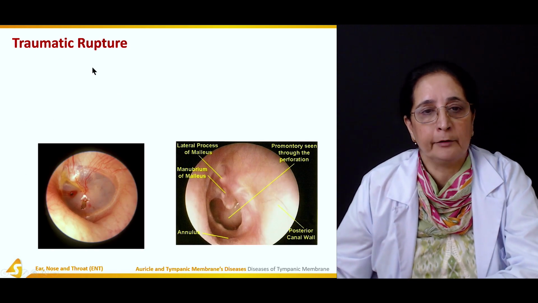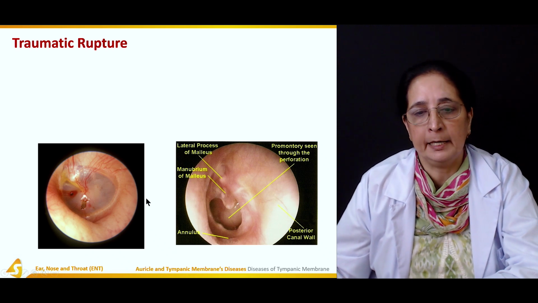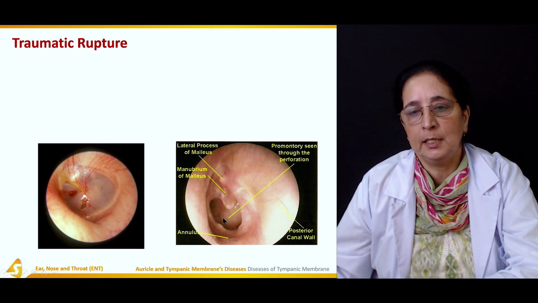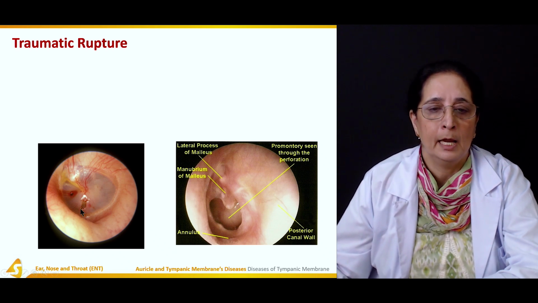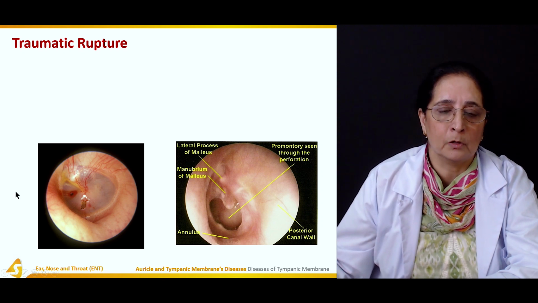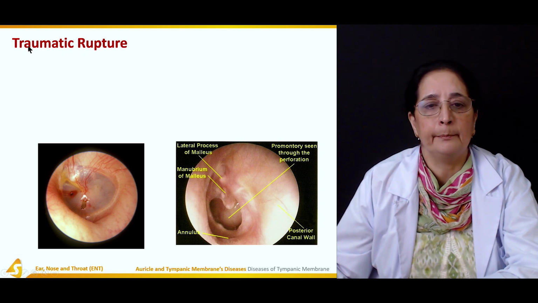Next is traumatic rupture. If there is traumatic rupture of the tympanic membrane, usually you see a perforation through the tympanic membrane. And when you use the otoscope, you can see there is a perforation or hole in the tympanic membrane.